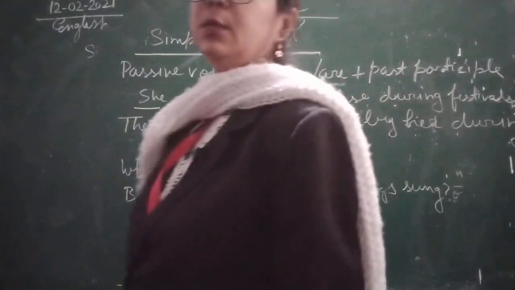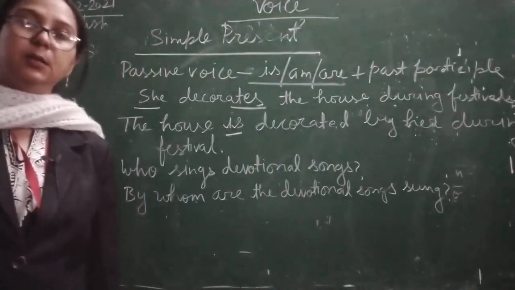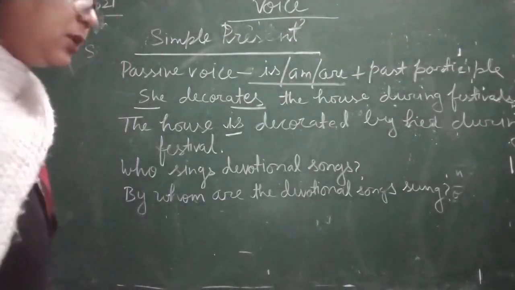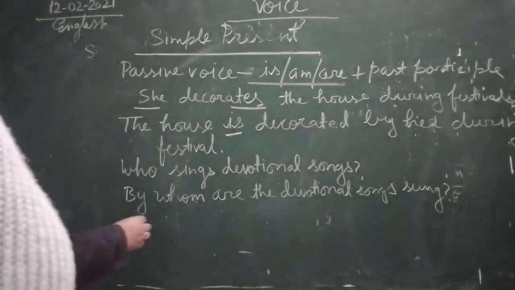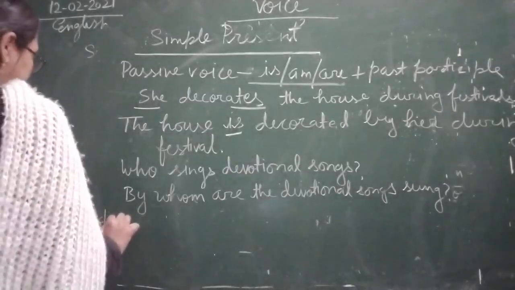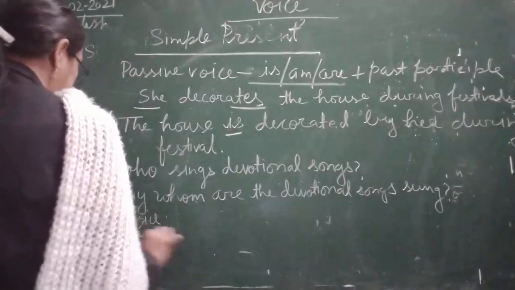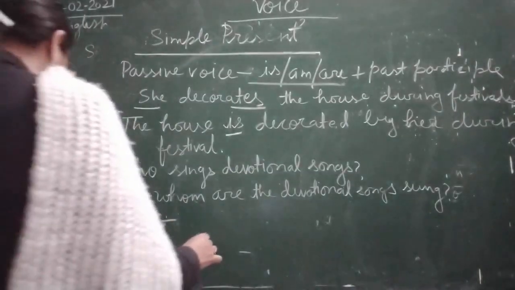Okay. So I think the simple present tense is clear to you. Now I will write active voice also. How do we convert active to passive voice or passive to active voice? I think it is necessary to write it down.